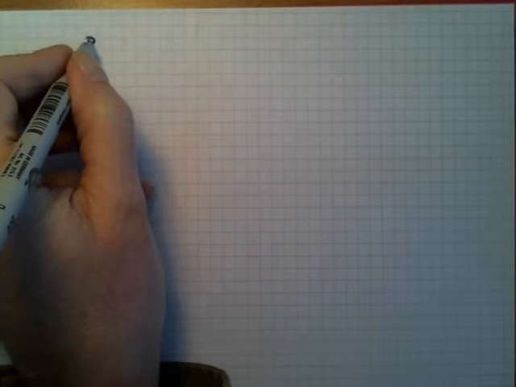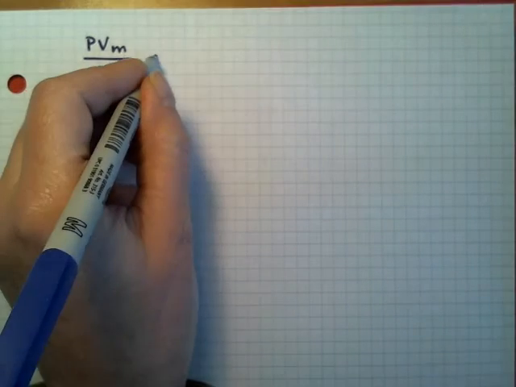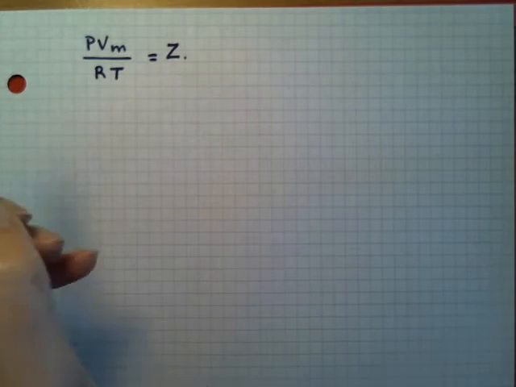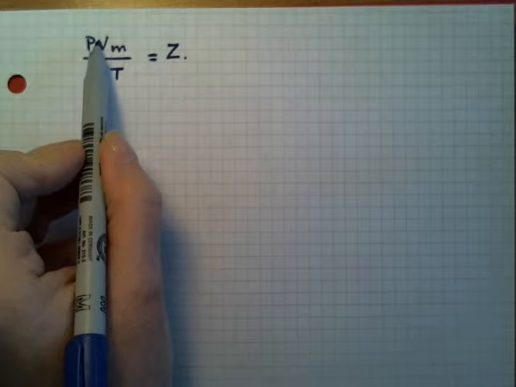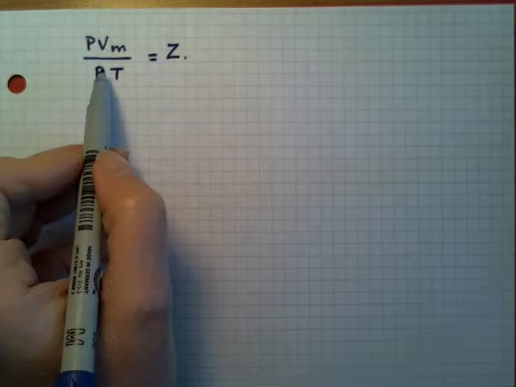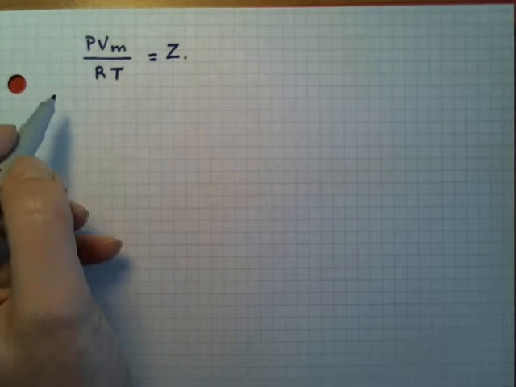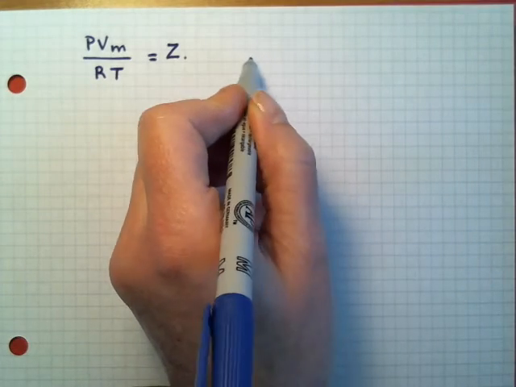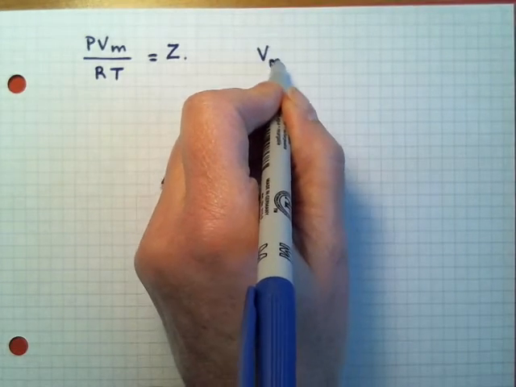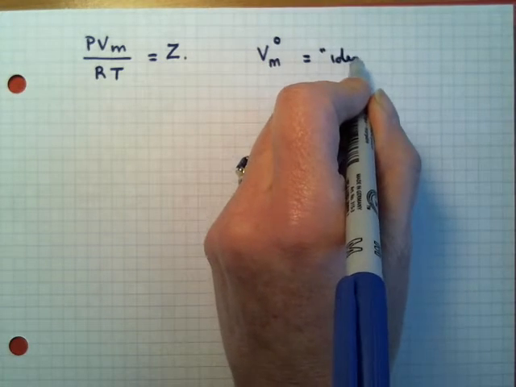So let's go back to the statement. PVm over RT is equal to Z. Now, if the gas is experiencing net attractive forces, what can you say about the observed volume relative to the predicted or ideal volume according to the perfect gas equation? So I have a symbol for that. This is, let's say, the ideal volume.